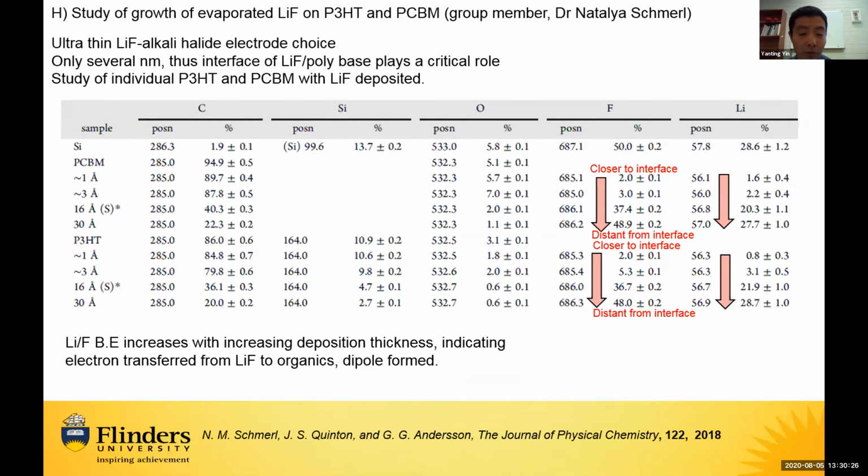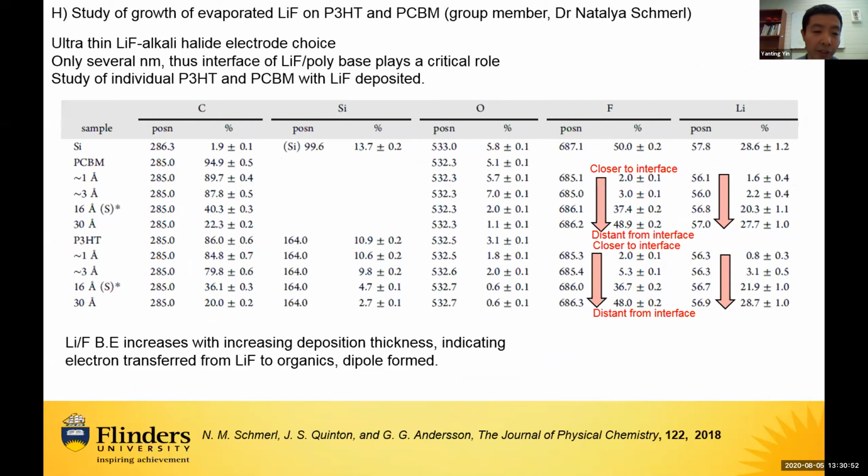Another thing I'll try to include is from Charles Schumann, a former group member, who did something interesting. She evaporated lithium fluoride salt on individual P3HT and PCBM and found exactly the same phenomenon as with the moly oxide, giving us confidence that we can apply this system to a range of different interfaces.